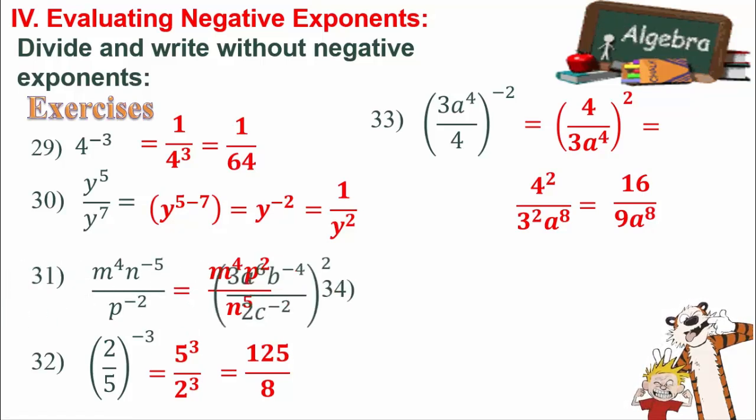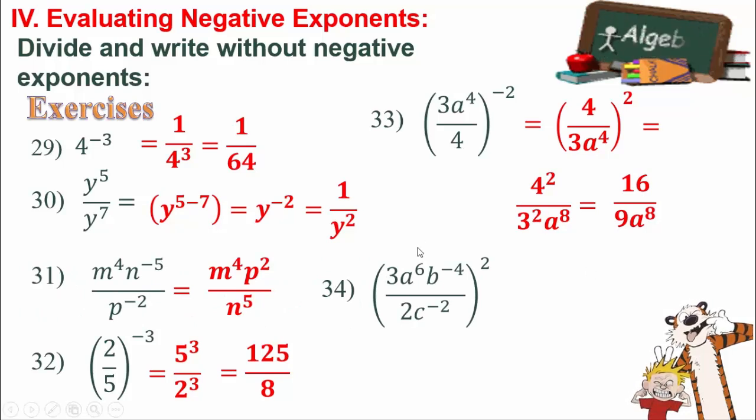In number 34, I have this. And again, what I'm going to do is I'm going to work this particular example out on the whiteboard to show you how it could be done.